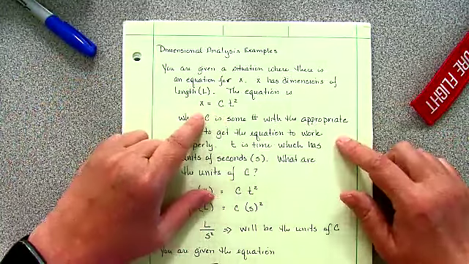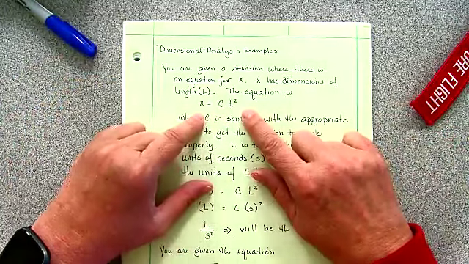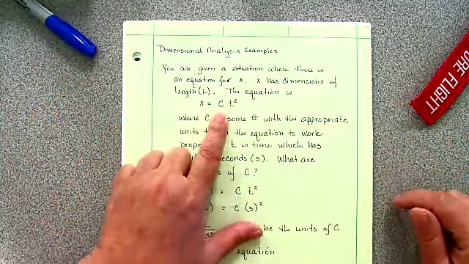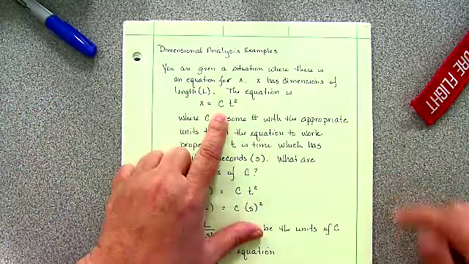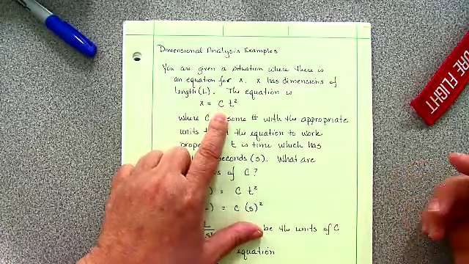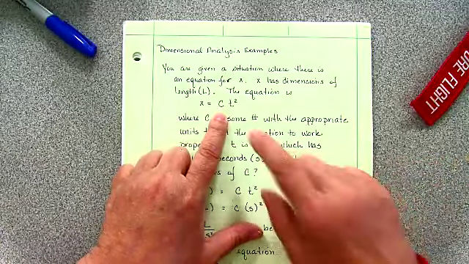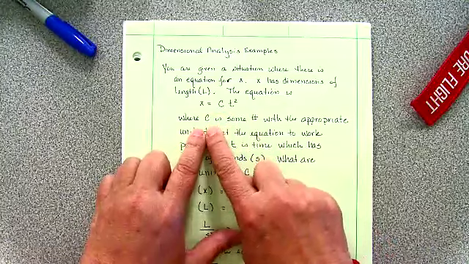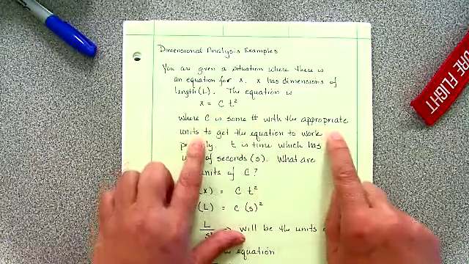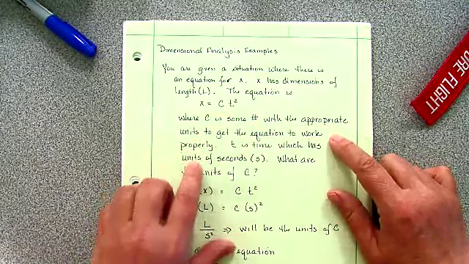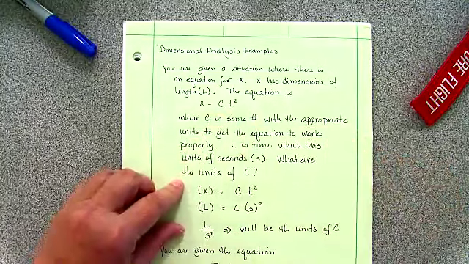We're given an equation that provides length, and we're given some constant c for that length, and we're told that this is in terms of time squared. So what we want to know is c is some number with the appropriate units to get the equation to work. So we're trying to find the units of c.